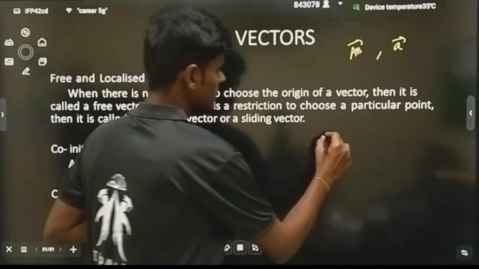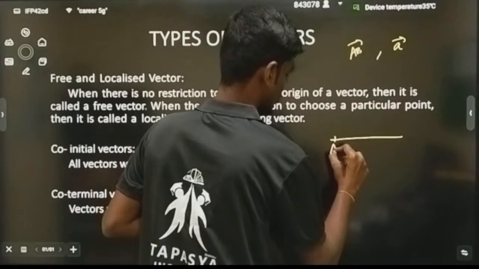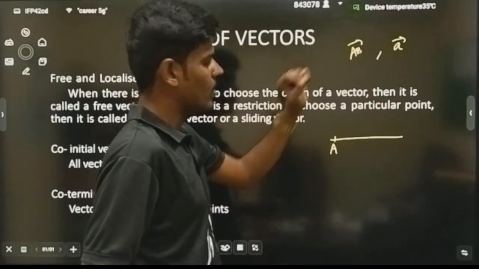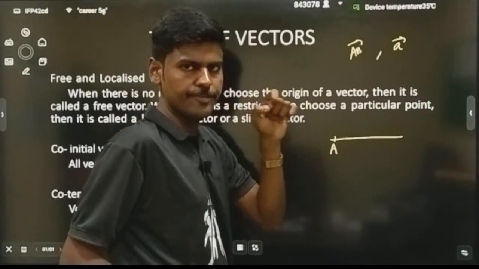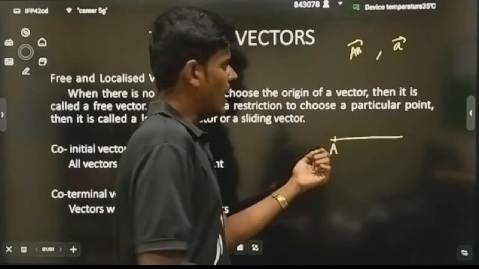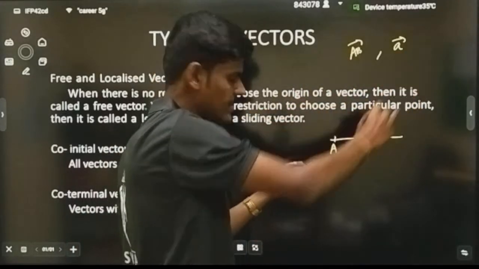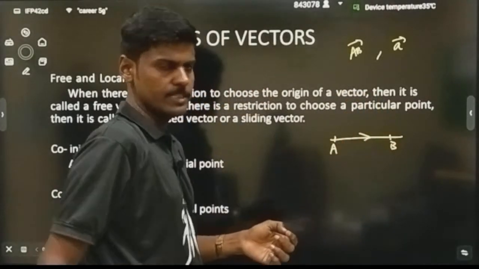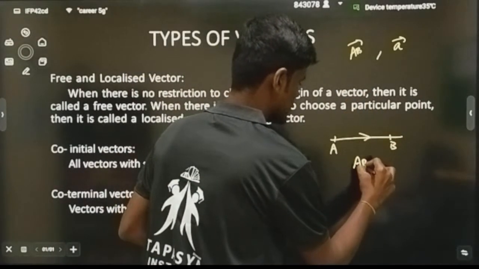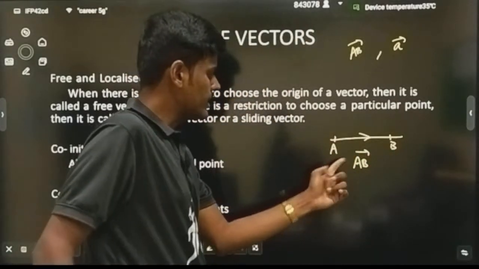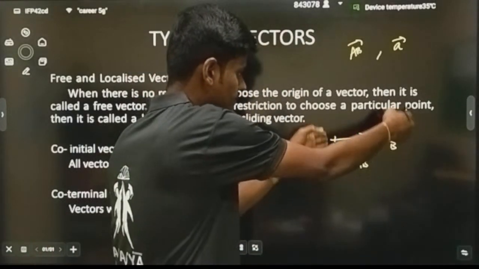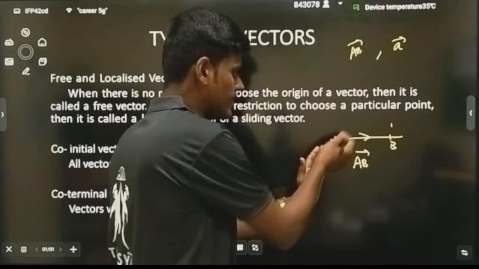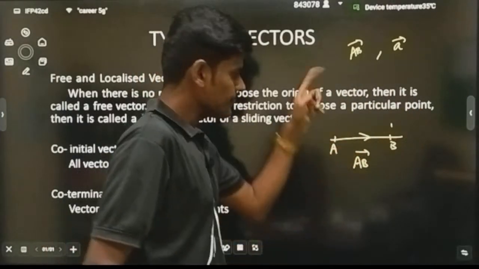What I mean is, if a vector's position is fixed, that means we have at least one point fixed, say point A, and we know the direction, that is along point B. So AB vector is nothing but a vector from point A to point B with this much magnitude, that is the magnitude of AB, and the direction is from A to B. That is the meaning of it.